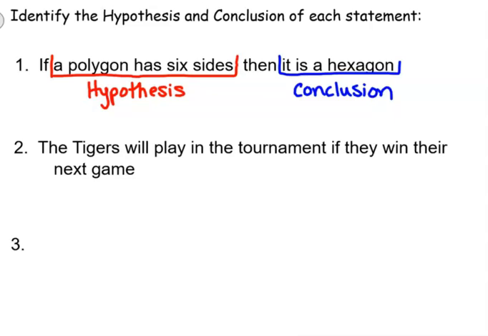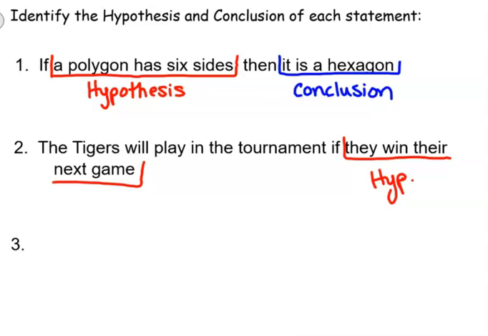Sentence 2 says the Tigers will play in the tournament if they win their next game. So sometimes my sentence is sort of in if-then form, but kind of out of order. You still want to find your word if, and what follows the word if is still going to be our hypothesis. Okay, I'll abbreviate a little bit. Your conclusion then is the other portion of the sentence.